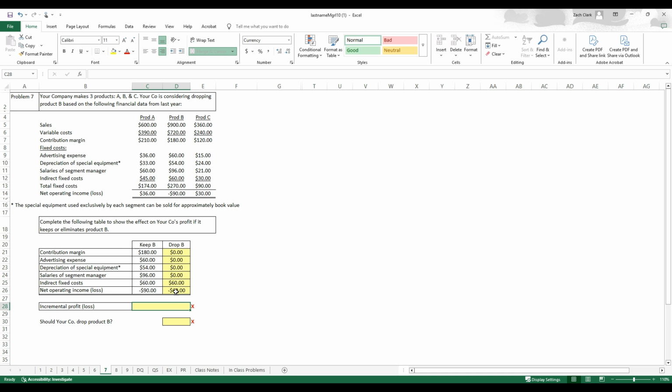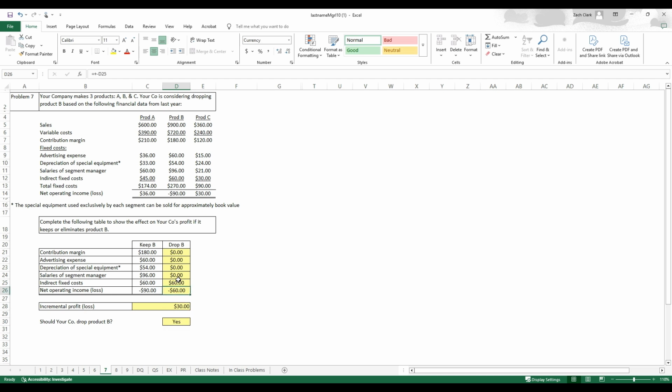And then what we want to think about is we're saving $90 of loss. So that would be our profit: 90 minus the 60. We're saving $90, but we're still incurring 60 because we're going to spread that around. So we're going to have an incremental profit of $30 by getting rid of the product line.